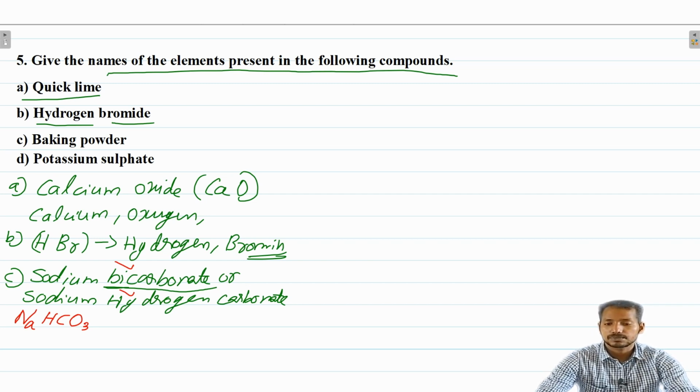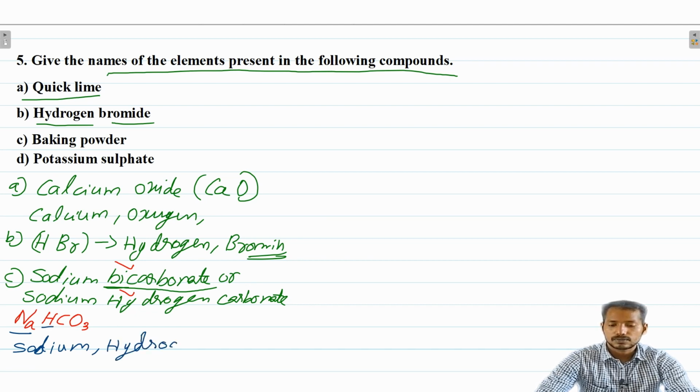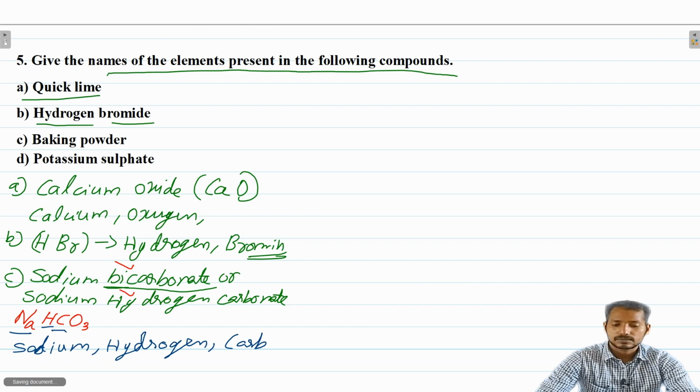So, what are the elements present in here? First one is sodium. Okay, sodium. Second one is hydrogen. And third one is carbon.